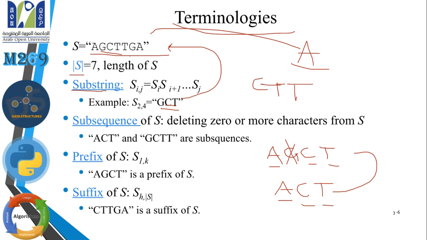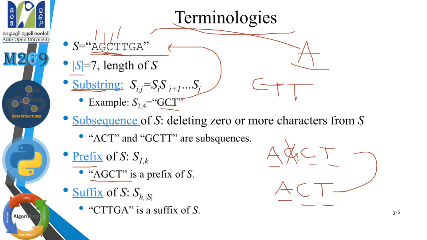Prefix is actually the first string or substring of S, which includes at least one letter or one position. So AGCT is actually a prefix of this text. Why? Because it is the first 4 characters.